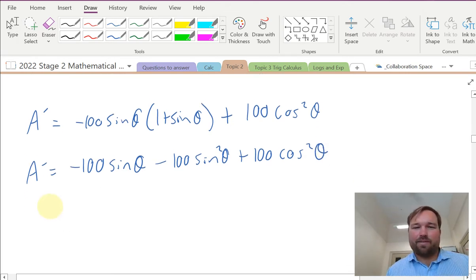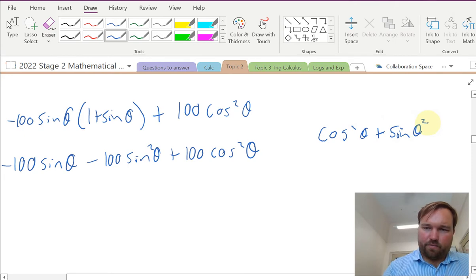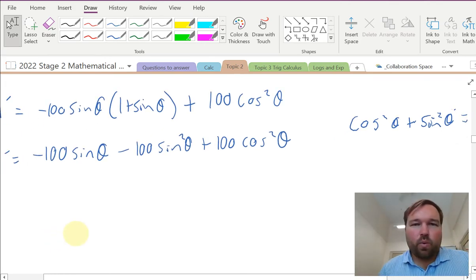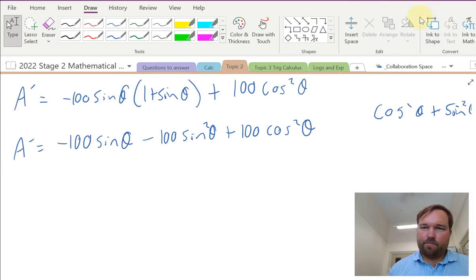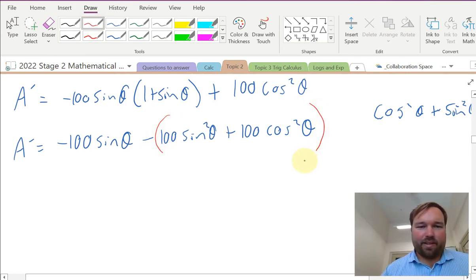Alright, the reason I'm tempted to multiply it in is because I'm remembering that cos squared theta plus sine squared theta equals 1. So maybe we can have a crack at that and manipulate this somehow to make that useful to us. And I think the best way to make it useful to us is just to put a big old bracket around it like that.